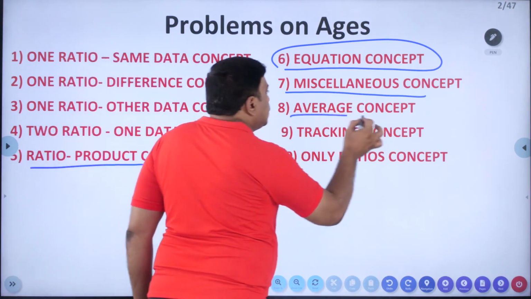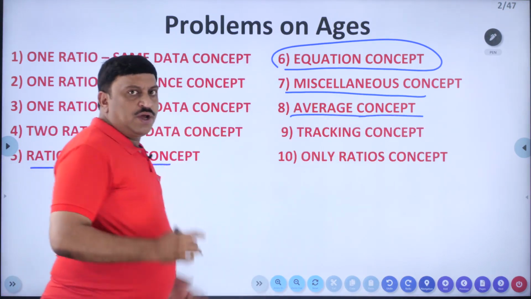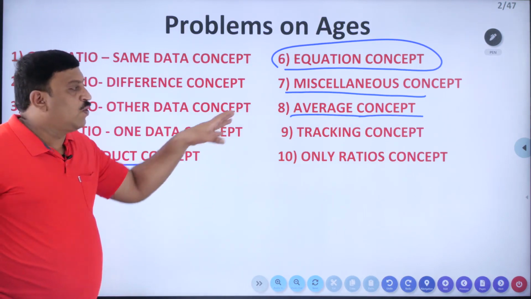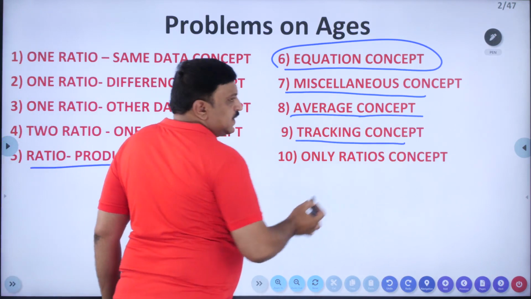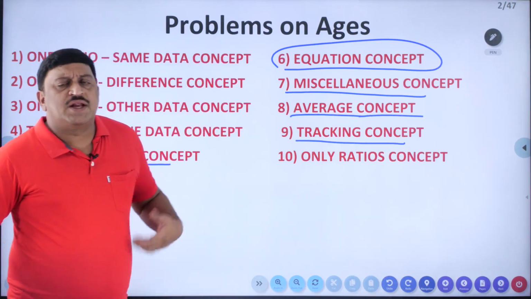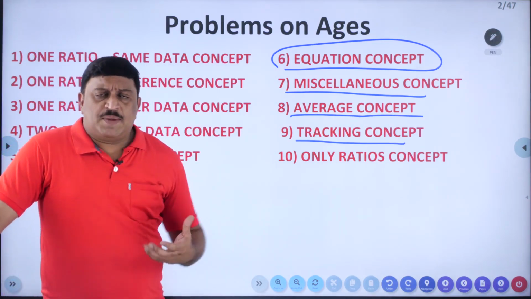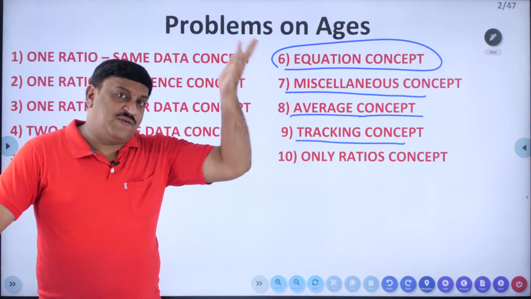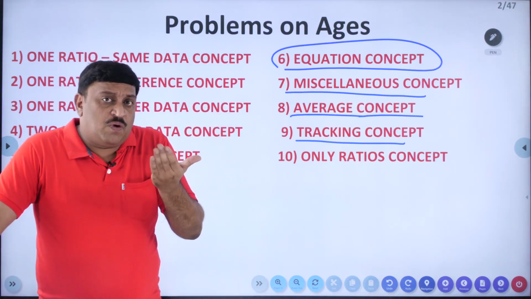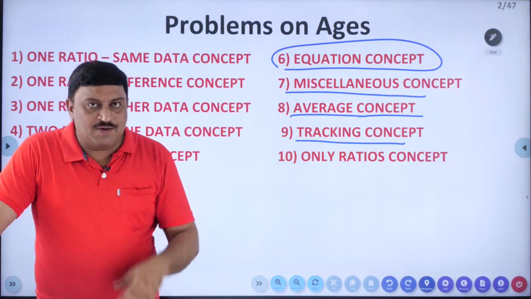And the average concept is one thing. In ratios, if you use average, then how to do that? That's not a big deal. Tracking concept. This is regarding tracking, our general mental ability question only. So if you are 10 years after 15 years, then how old were you 10 years back, like that they will ask.